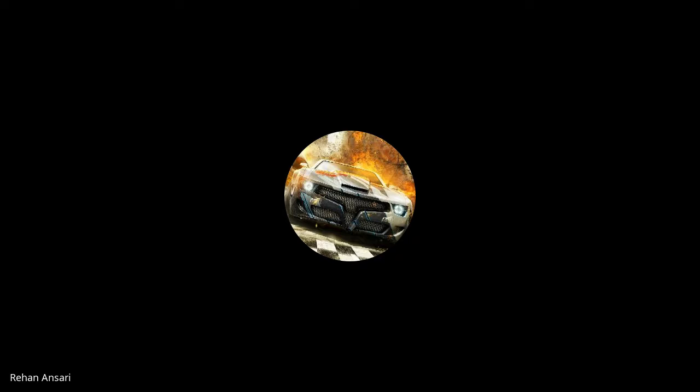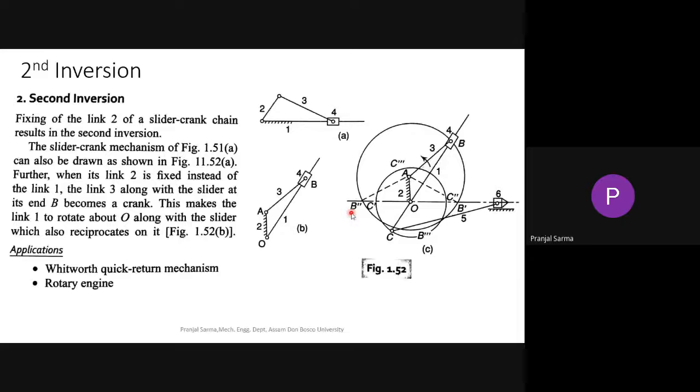In manufacturing process or technology, whatever be the name of the subject, there I believe you have seen the quick return motion mechanism, which is generally used in which machine, in the shaper machine, right?